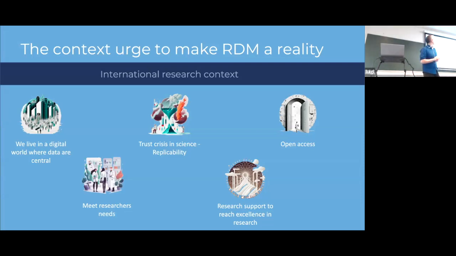There are a lot of people who don't believe in science anymore. There are a lot of problems with science. I'm sure you're aware of that. Also, in some fields, I'm from human sciences, sometimes there is a problem of replicability in science. That's why sharing your data is very important to prove your findings. We are speaking more about open access, open data. It will help you to meet researchers' needs, and finally, meet excellence in research.